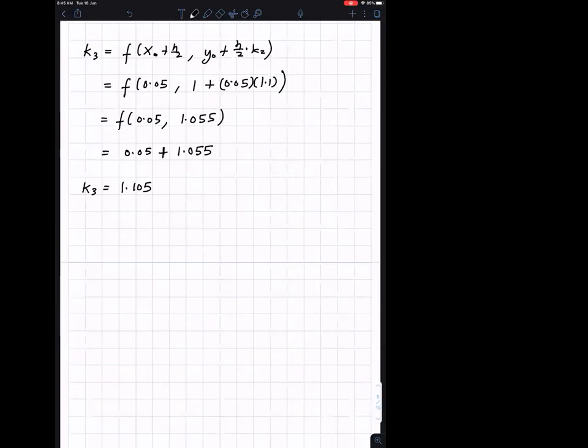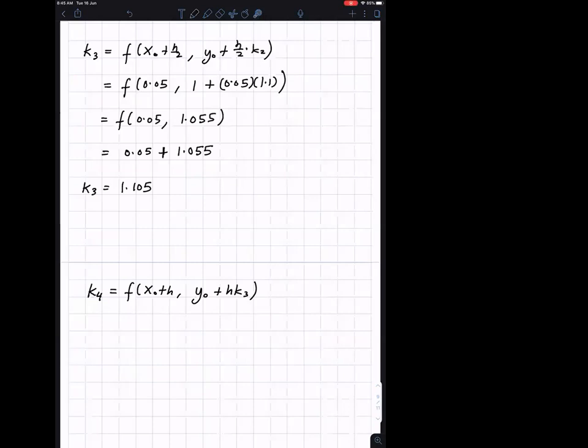Okay, let's find K4. So please note that K4, the formula is slightly different. We have x0 plus h.